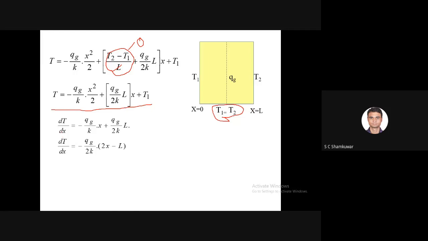Now what was dT/dx? If you again calculate dT/dx, you will get -(qg/k)x + qg/(2k)L, which is simply dT/dx = -(qg/2k)(2x - L).